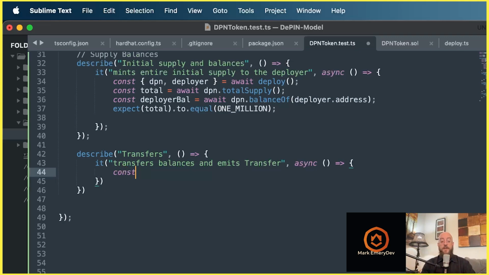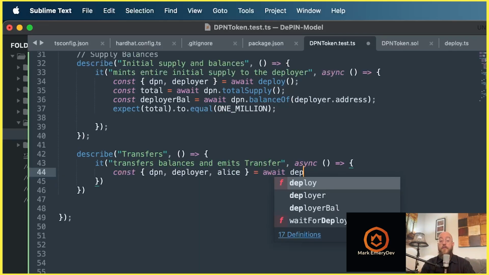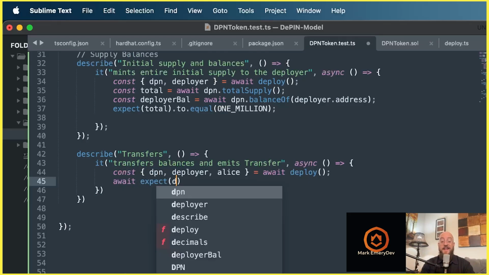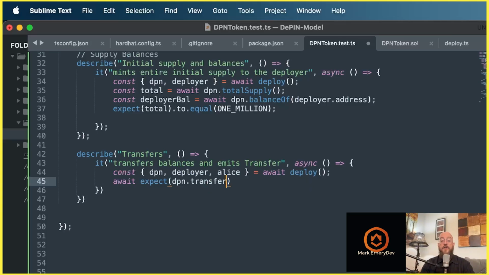So once again, we set up our const for this. We're going to involve the DePIN deployer, and let's bring in one of the other accounts. How about Alice? And we're just simply reminding, hey, await deployment before responding about how this test passed. Also, we want to expect that DePIN transfer, which that's DePIN dot transfer, is saying that calling that transfer function, and we're using one of our numbers there, okay?